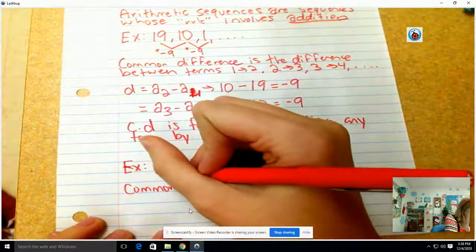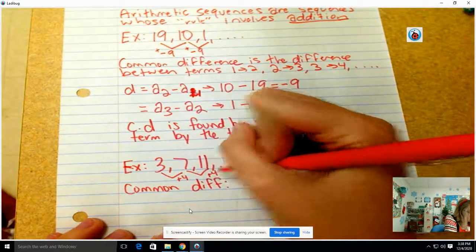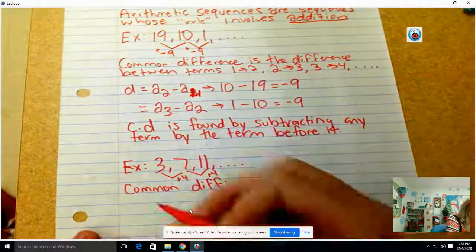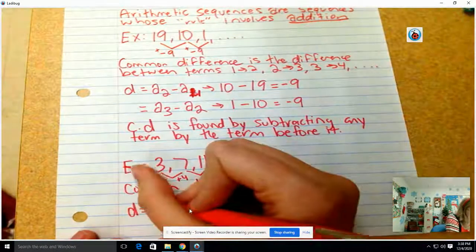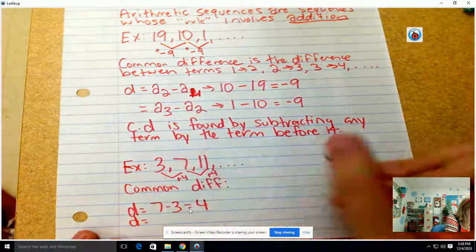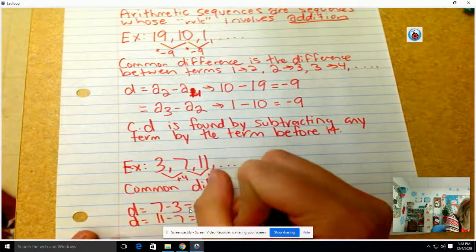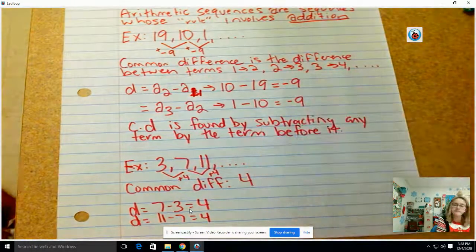To go from 3 to 7, that's going to be plus 4. To go from 7 to 11, that's going to be plus 4. Or if we want to do it the other way, we're going to have d equals a2 minus a1, so 7 minus 3 equals 4. Or d equals 11 minus 7, which also equals 4. So our common difference is going to be 4.